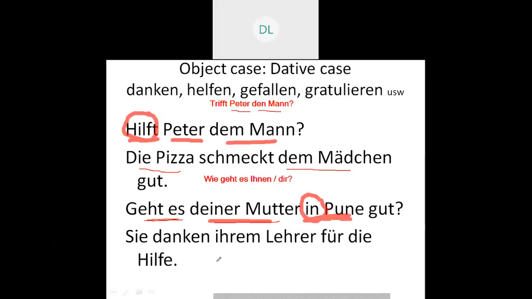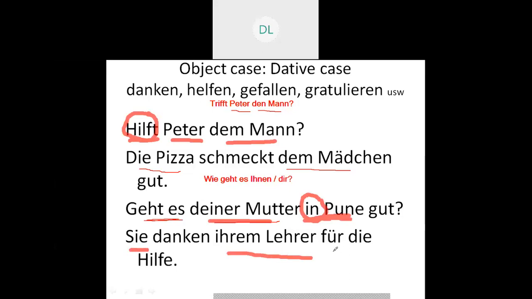The last one: Sie danken ihrem Lehrer für die Hilfe, that is, they thank their teacher for the help. Here sie is your subject, ihrem Lehrer is your object, that is a dative object, masculine. In the masculine I have dem Lehrer, and accordingly ihrem Lehrer is your object.